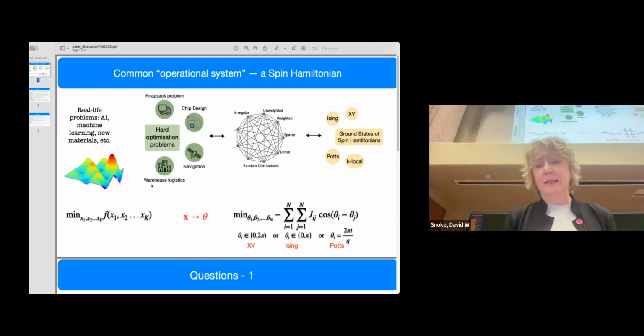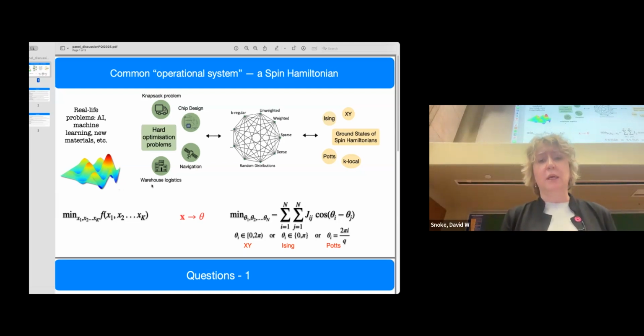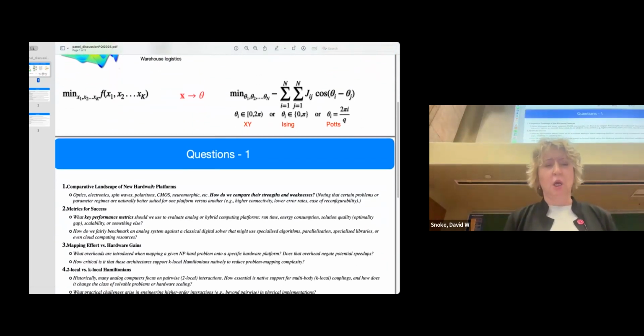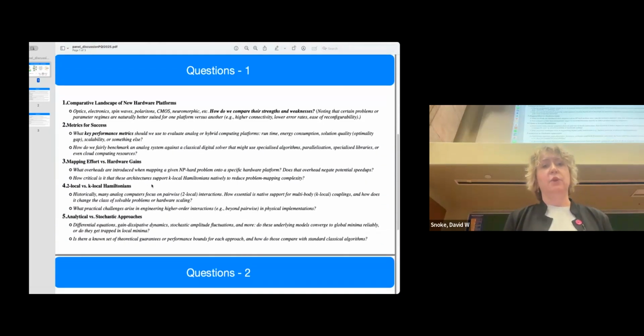And so from this perspective, now we can see what we are really missing. From my point of view, again, we have a tsunami of different platforms. So first of all, how do we compare these platforms? How do we estimate the strengths and weaknesses? The problem is that some platforms are better suited for some types of problems, but worse suited for some other problems.